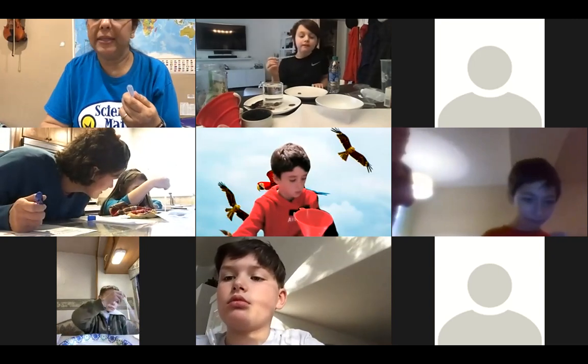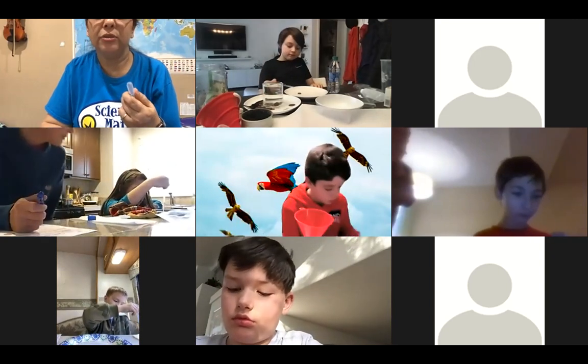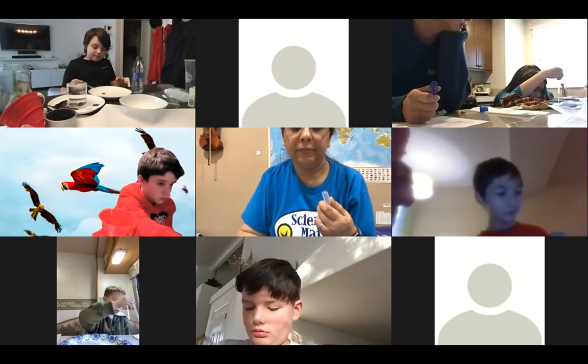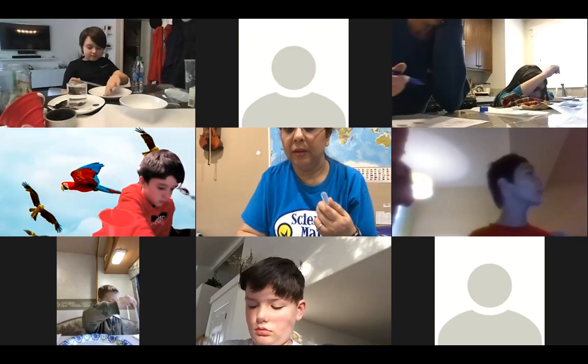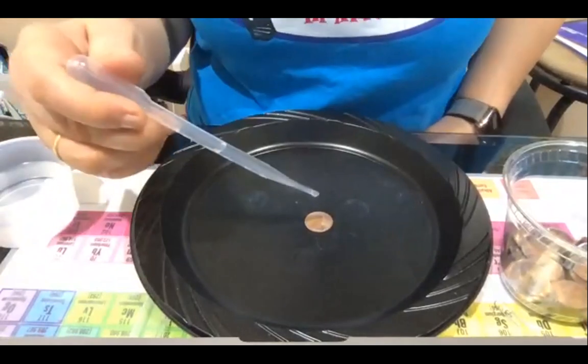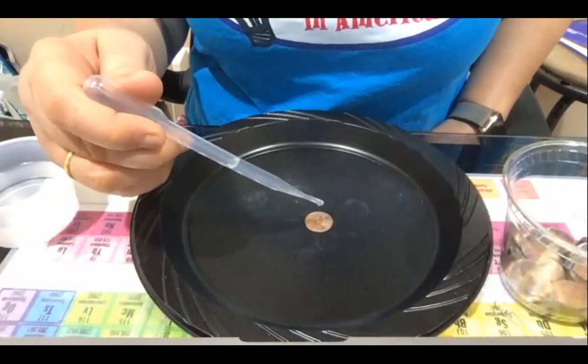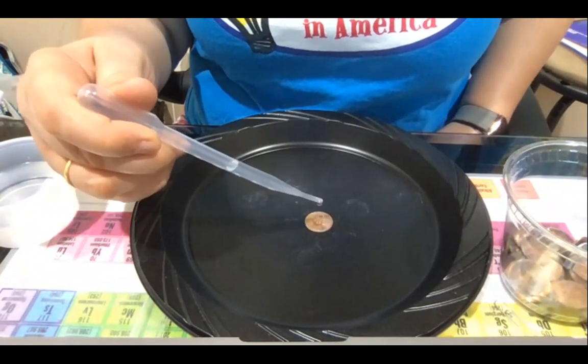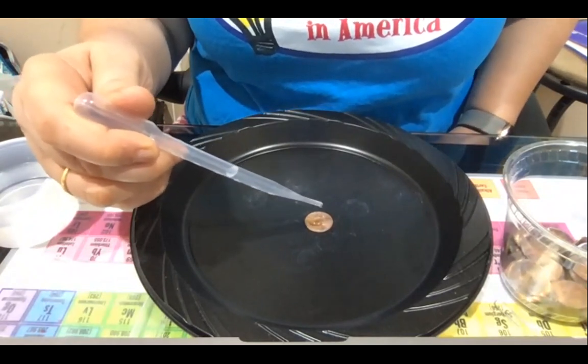Make sure the plate is dry and make sure your penny is dry before you start this experiment, okay? And I'm going to do that too. Once it spills over, you'll stop, okay?